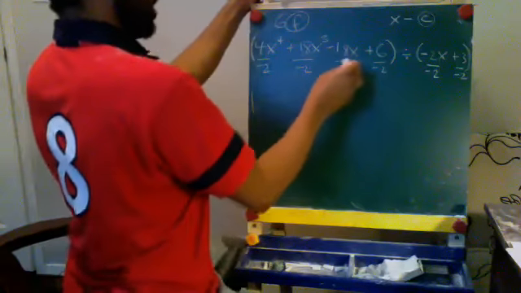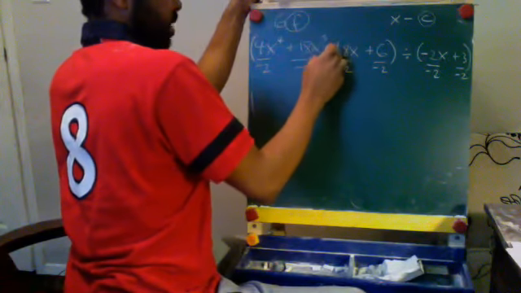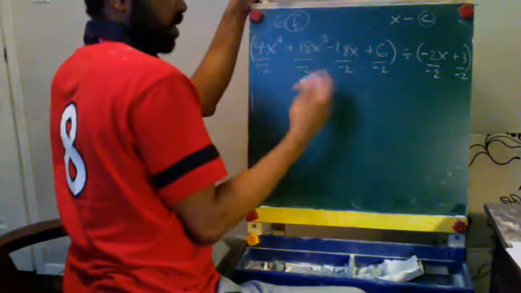And don't forget, there's a missing term here. In the end, there's going to be a missing x squared term. I have to put that in by just filling in 0x squared.